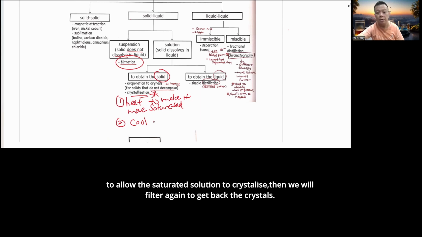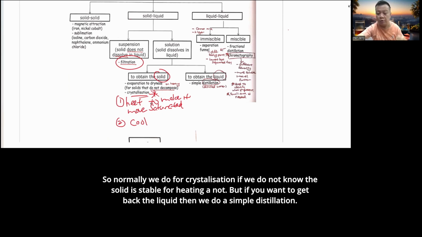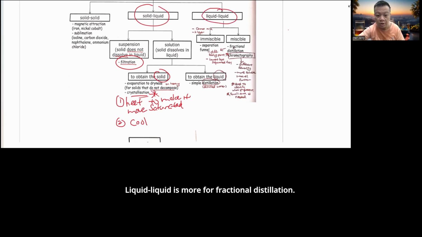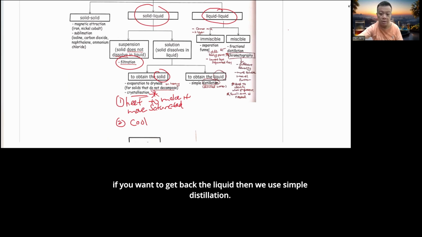Then we filter to get back the crystals. So normally we do crystallization if we do not know whether the solid is stable to heating or not. But if you want to get back the liquid, then we do simple distillation. So you can see the difference: solid-liquid mixture, and liquid-liquid. Liquid-liquid is more for fractional distillation. And for solid-liquid, if you want to get back the liquid, we use simple distillation.